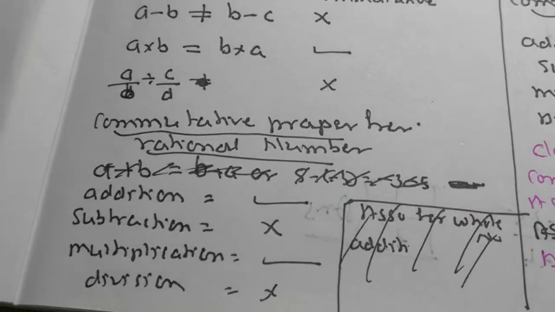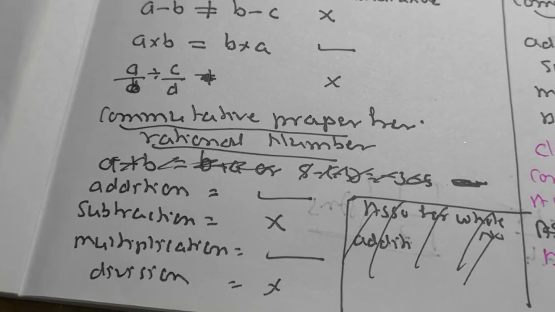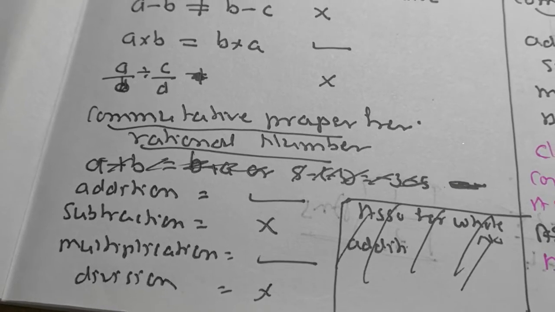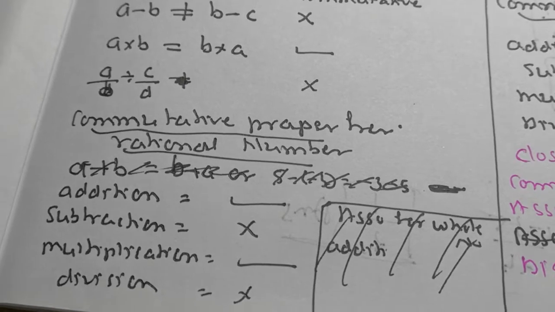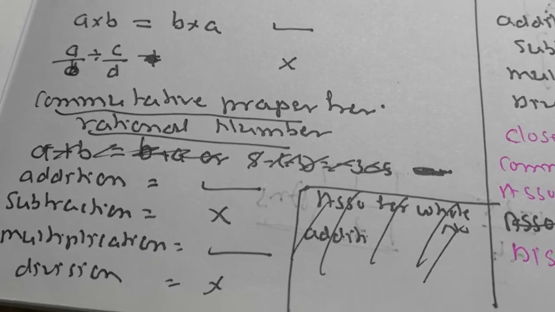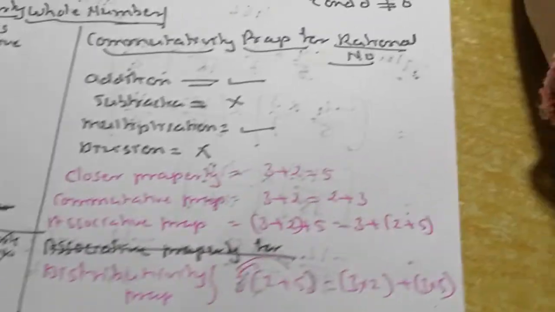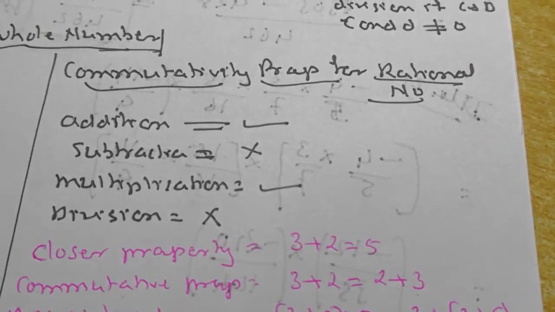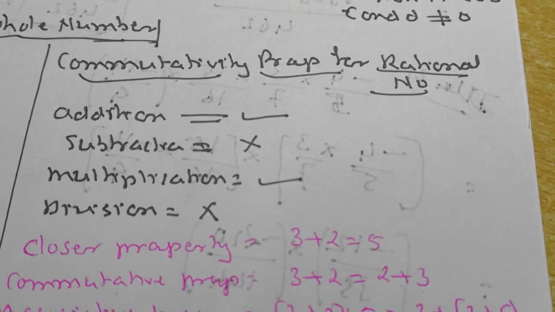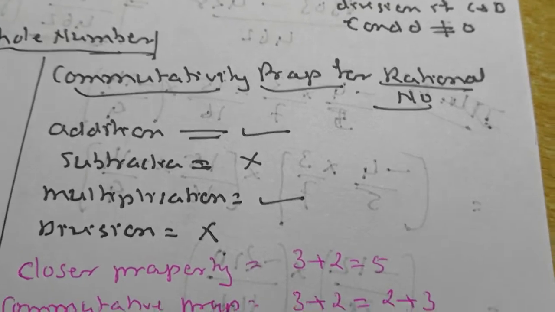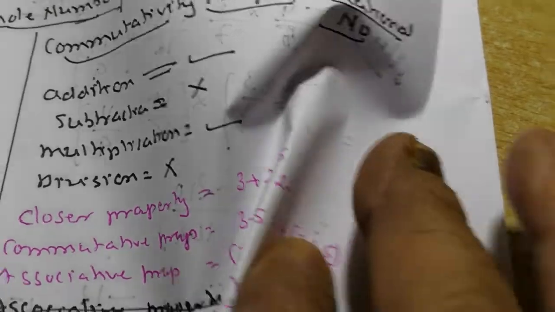Same way, commutative property of rational numbers is again good for addition and multiplication, but it is not possible for subtraction and division.